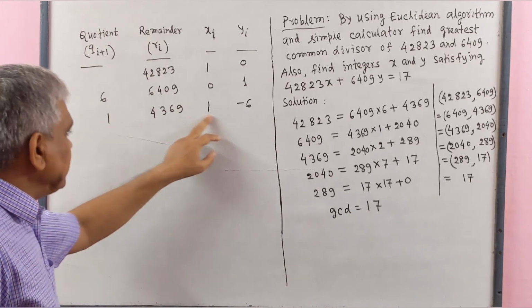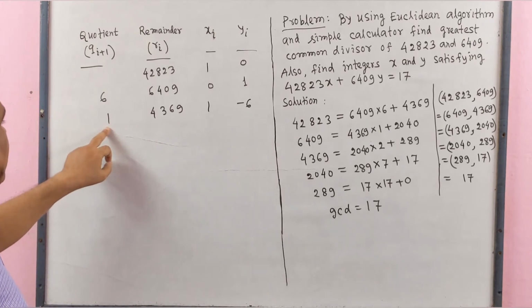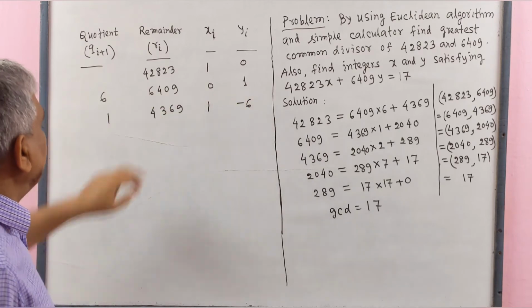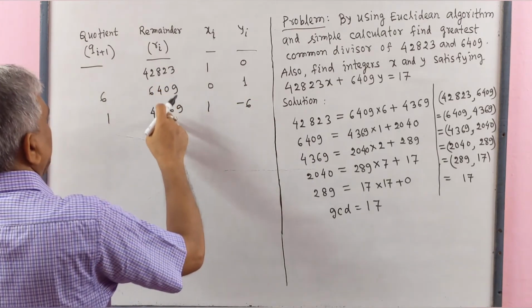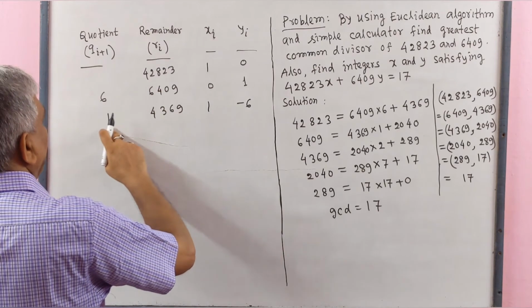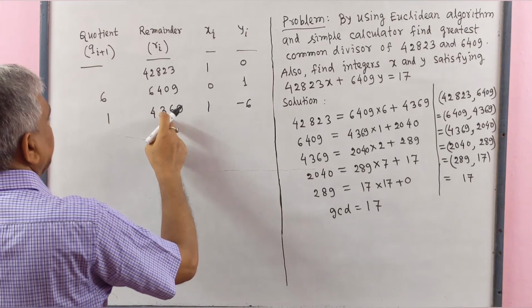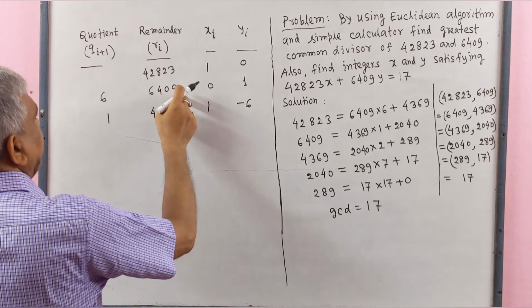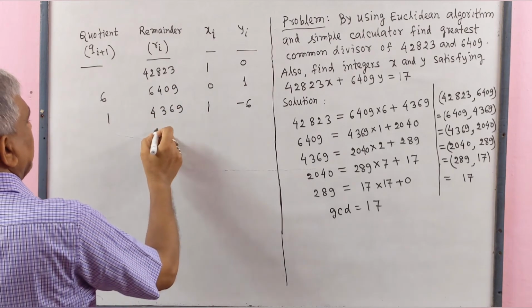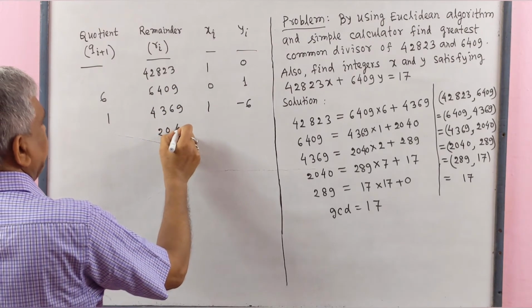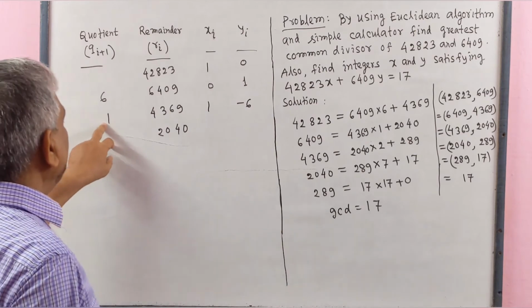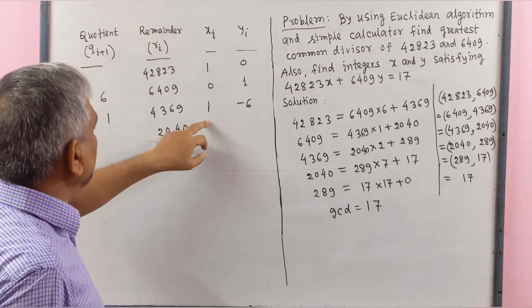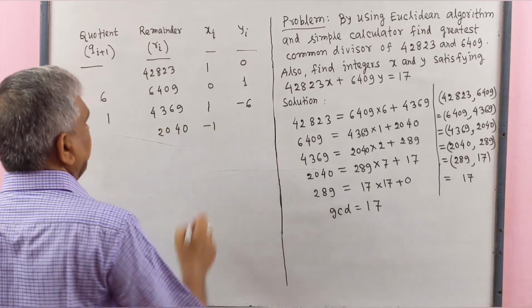Multiplying this line by 1 and subtracting, we get 2040. Multiplying 1 by 1 and subtracting from 0, we get minus 1.